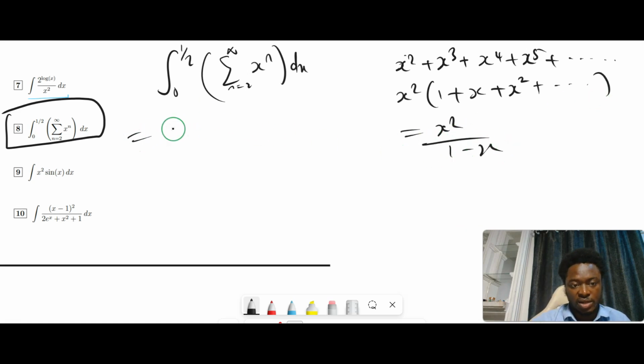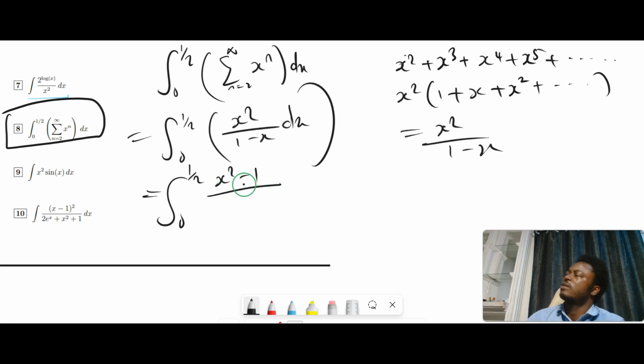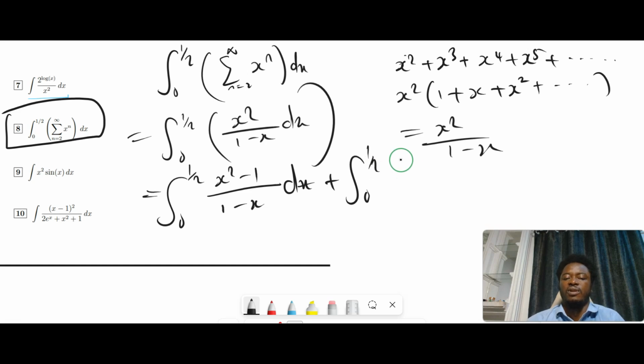So this is equal to the integral from 0 to 1 over 2 of x squared over 1 minus x dx, and we know what to do here. Of course, I don't have to say that. We write this as x squared minus 1 over 1 minus x. Okay, yes, it will be so 1 minus x minus or plus 1, dx plus the integral from 0 to 1 over 2 of 1 over 1 minus x dx.